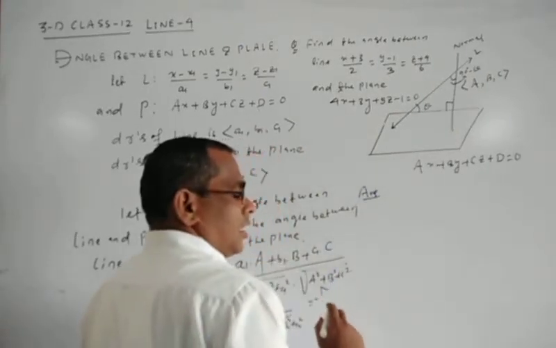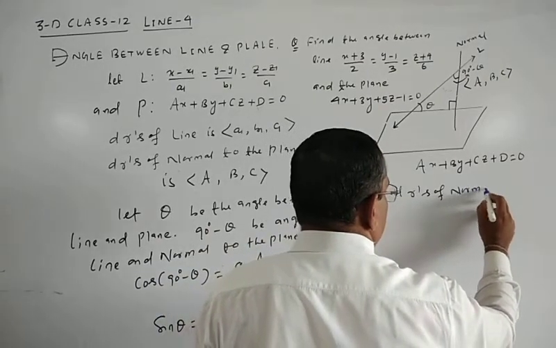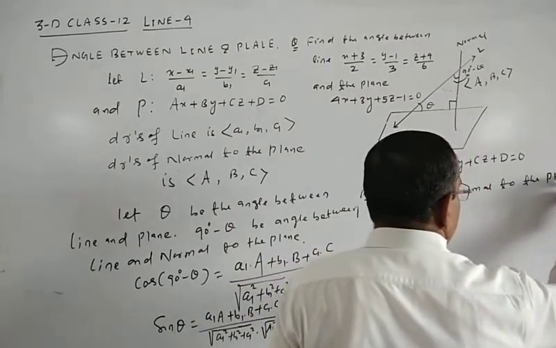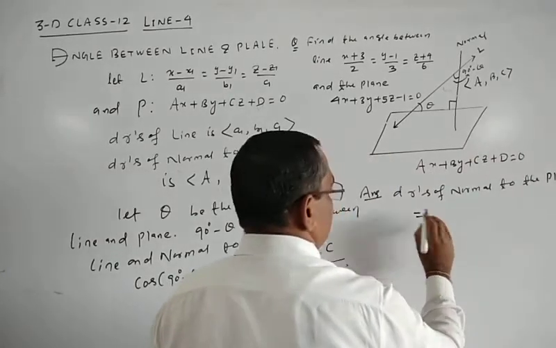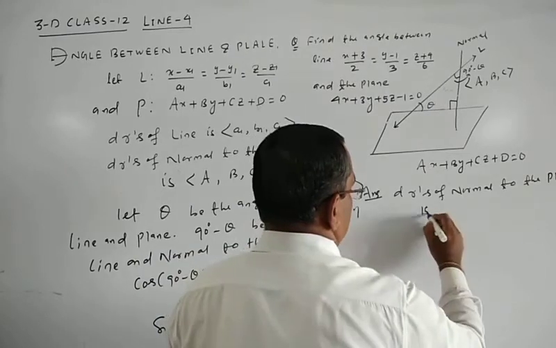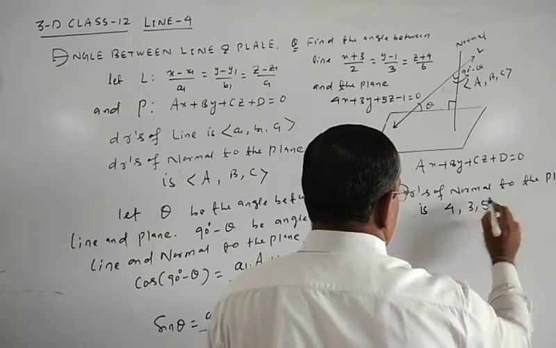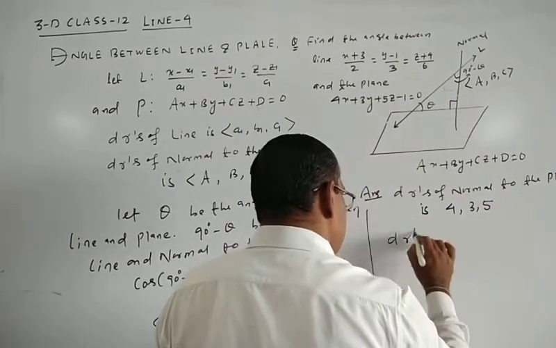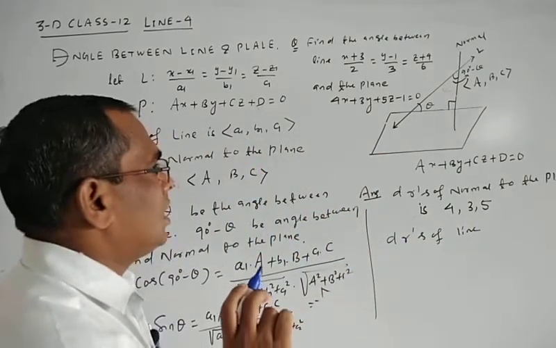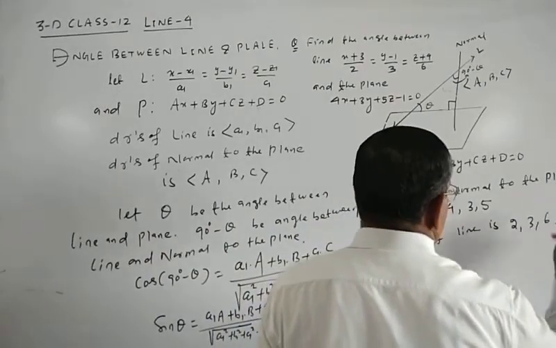Here, the direction ratio of normal to the plane is 4, 3, 5. The direction ratio of line is 2, 3, 6.